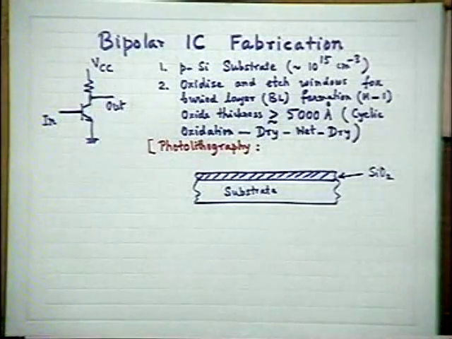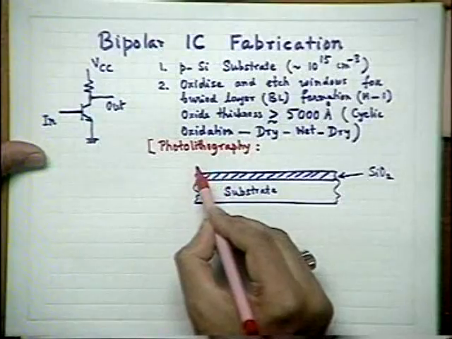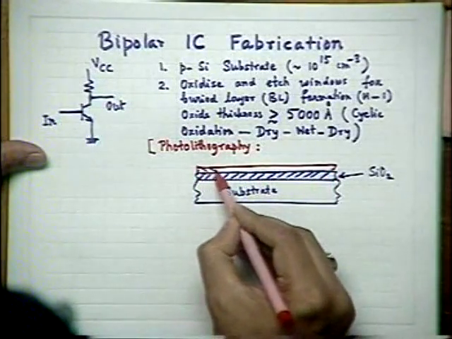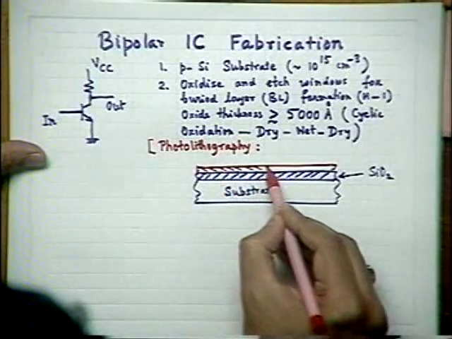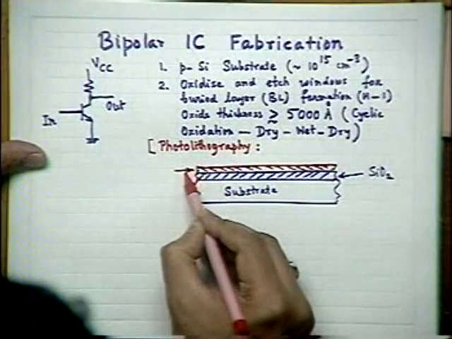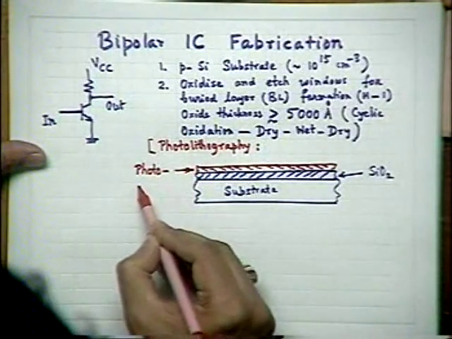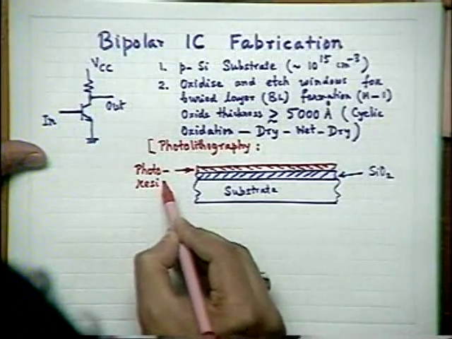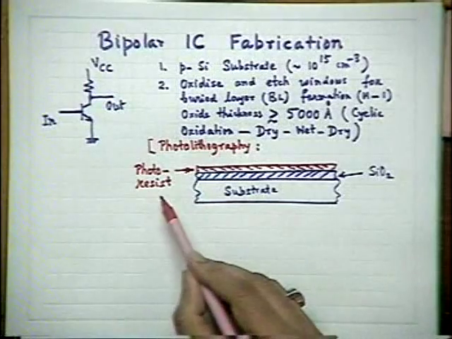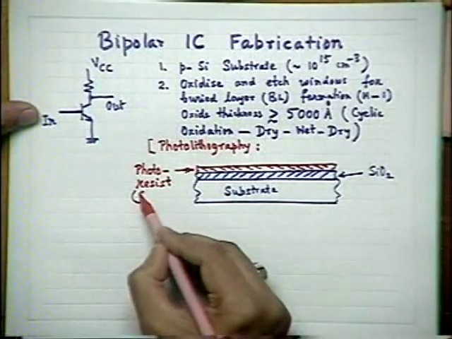Then we deposit a layer of a material called photoresist. Usually, this photoresist film is coated by a technique called spinning.